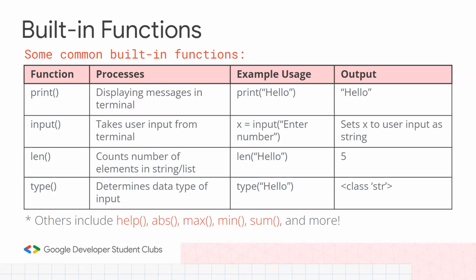For example, type of the string hello gives the output class string. And some other built-in functions include help, abs, max, min, sum, and a whole lot more. You could go on the Python website to see a lot of built-in functions.